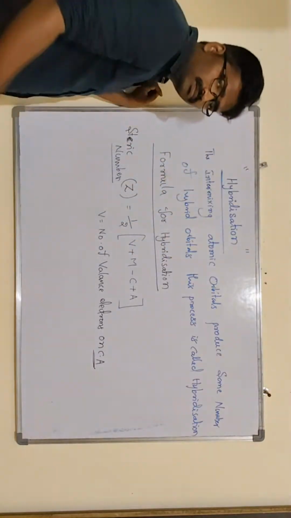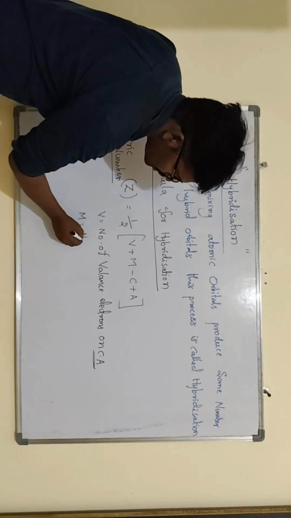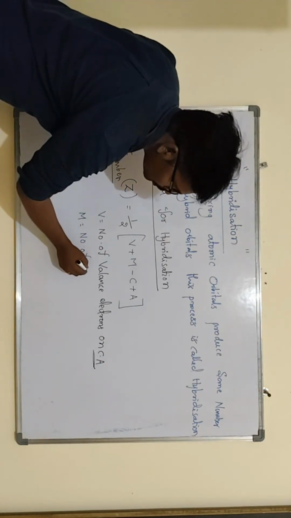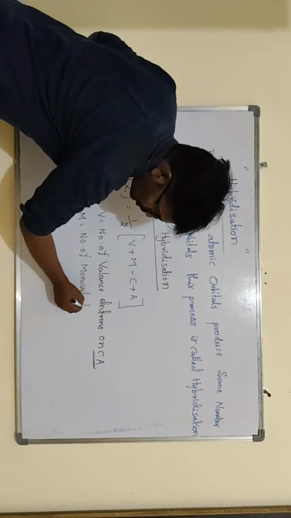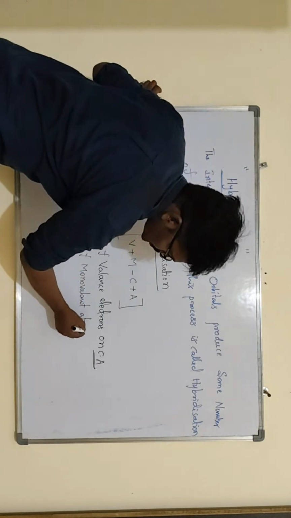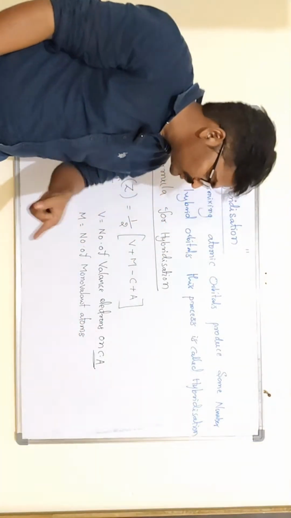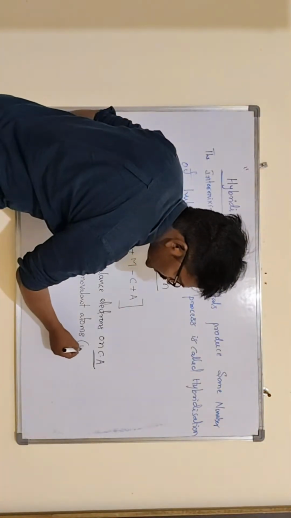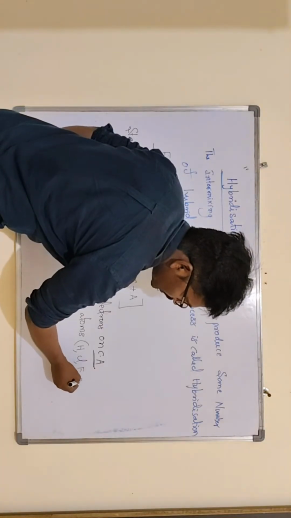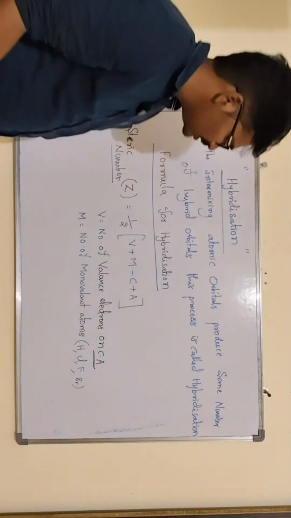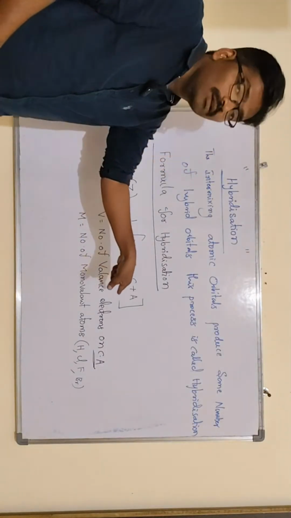M is the number of monovalent atoms, meaning valency 1, for example hydrogen, chlorine, fluorine, bromine. So M is the number of monovalent atoms surrounded by the central atom.